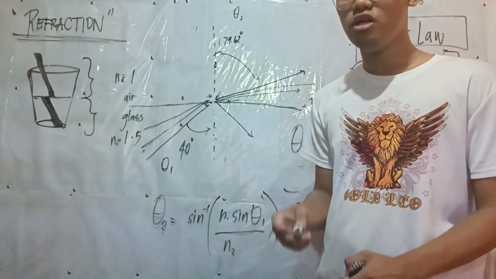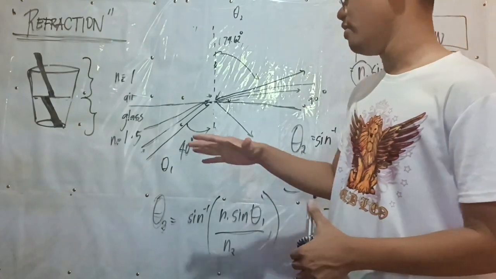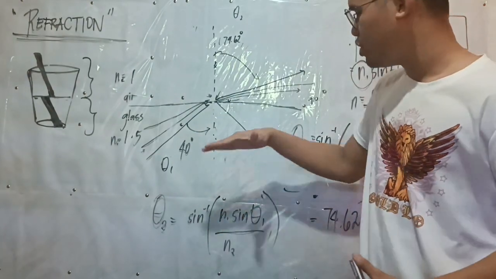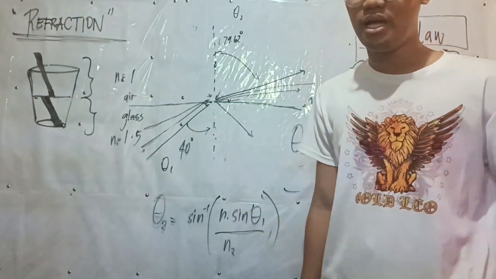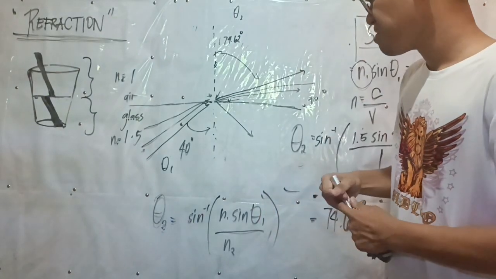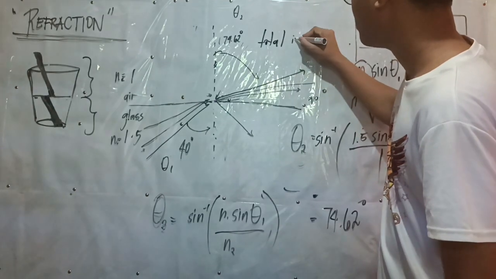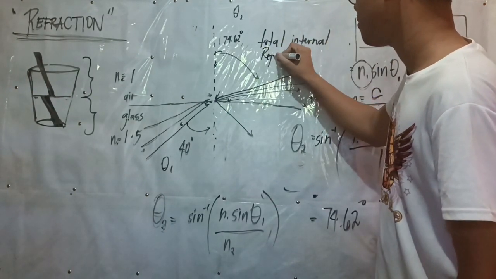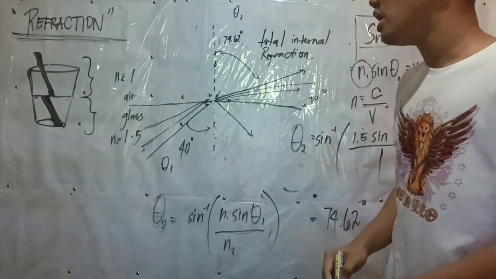Now this is what we call total internal reflection. So if we have a ray that passes through our point of incidence and it is never refracted, all rays are reflected.